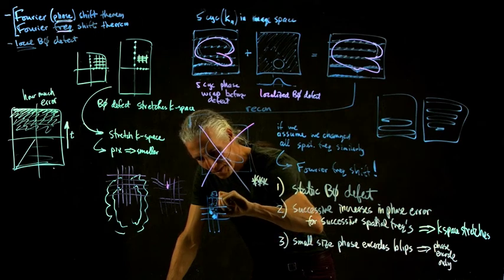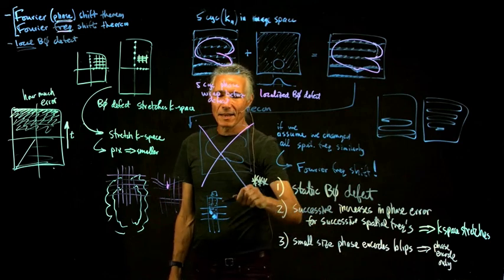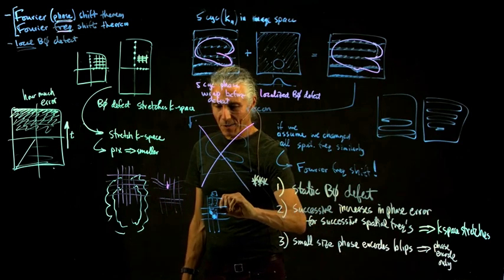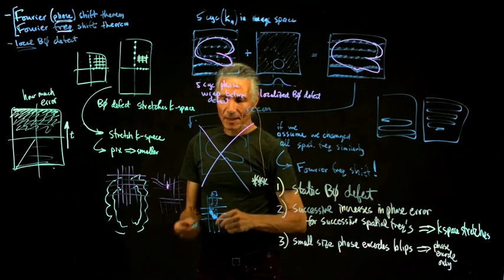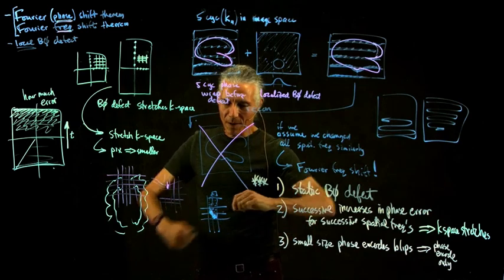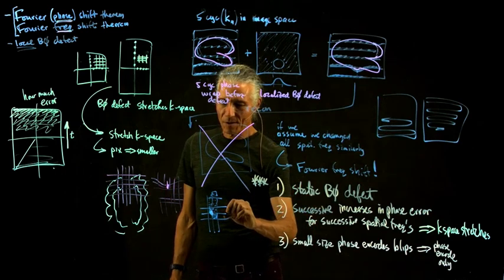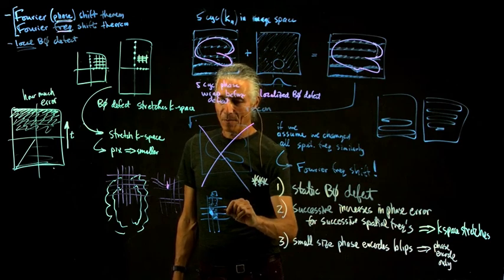They'll all pile on top of each other. So you'll get one really bright voxel. You'll notice wherever there's a B0 defect, there'll be bright voxels. Why are they bright? Because some data from another place got piled on top.